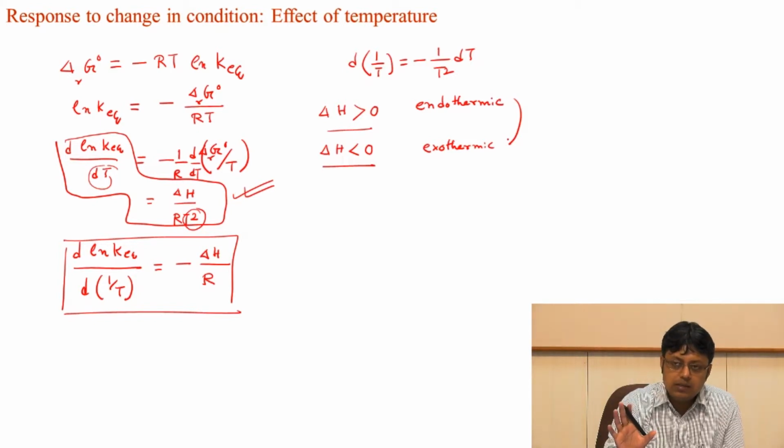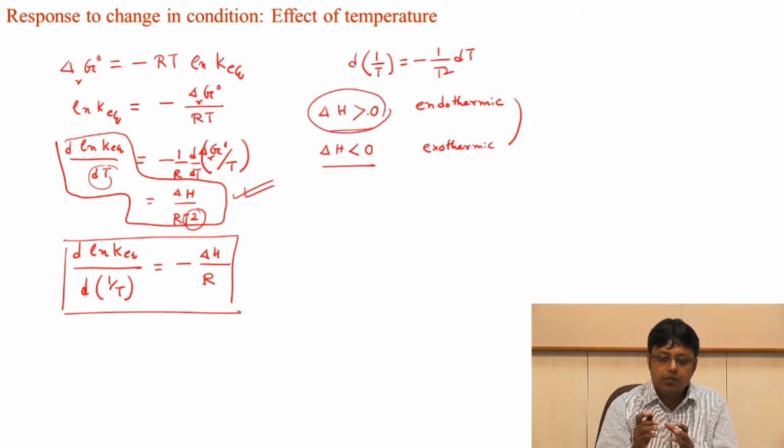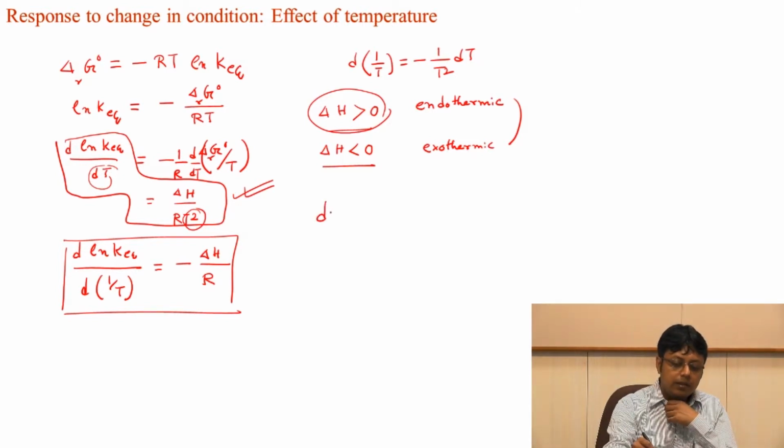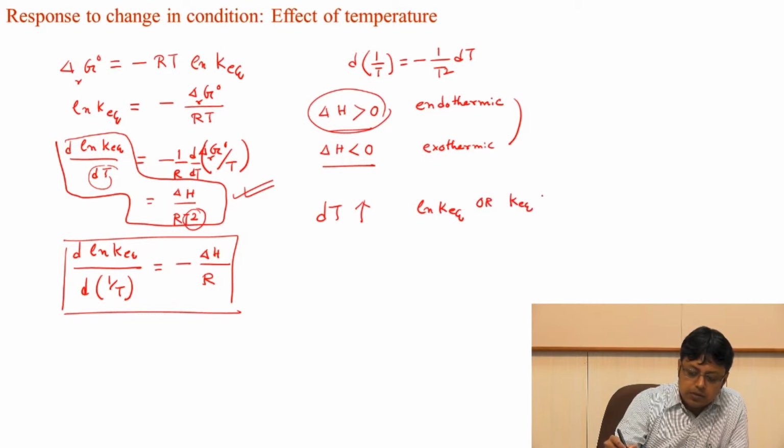Now what is the essence of that? A positive slope means that when we are increasing the temperature, ln K equilibrium, or equivalently K equilibrium, is also increasing for endothermic reactions.